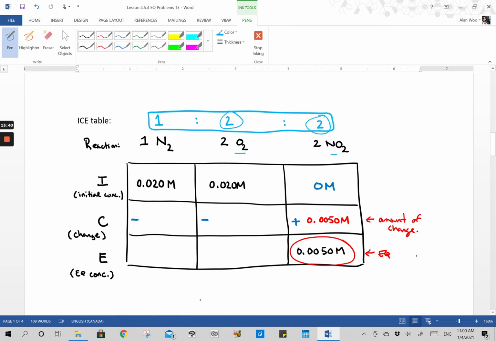It's 2 to 2, or basically reduced down to 1 to 1. This amount of change is affected by the coefficients. Because this is the same ratio, it's going to change by the same amount.